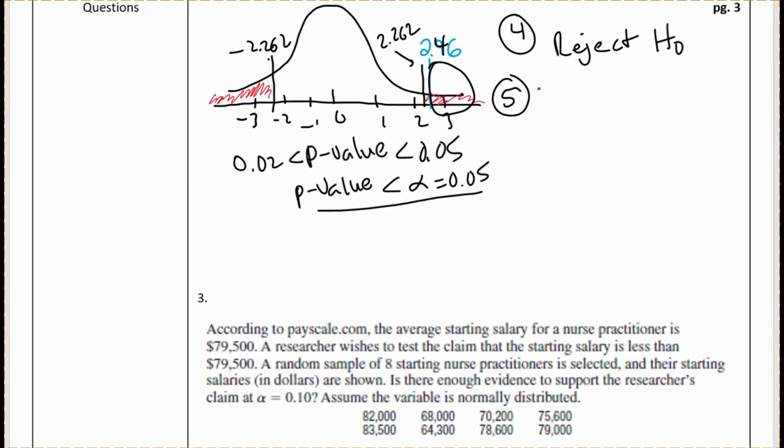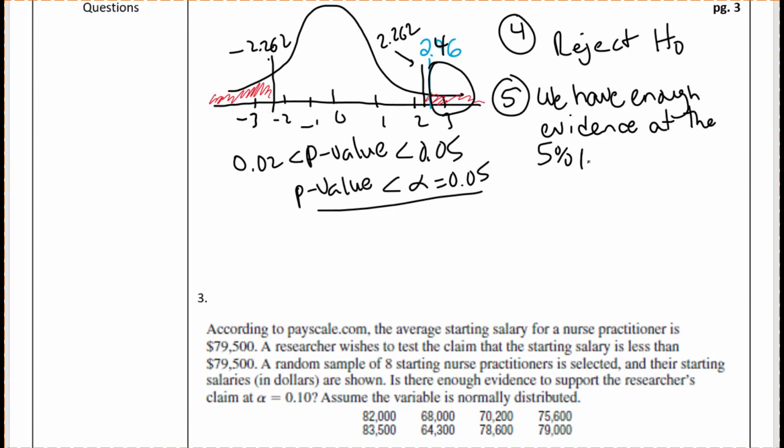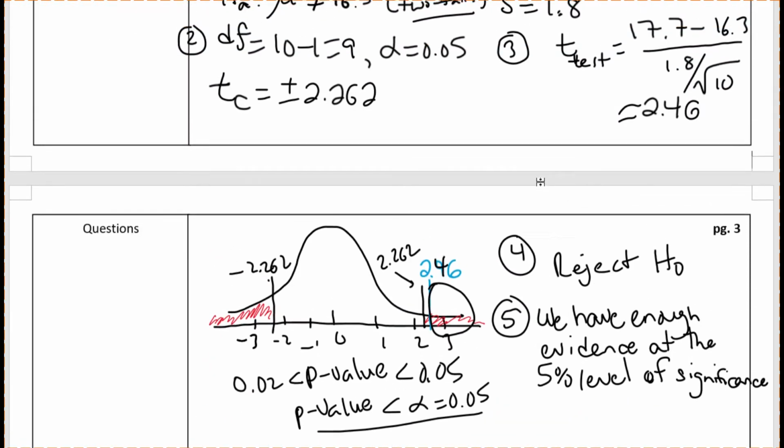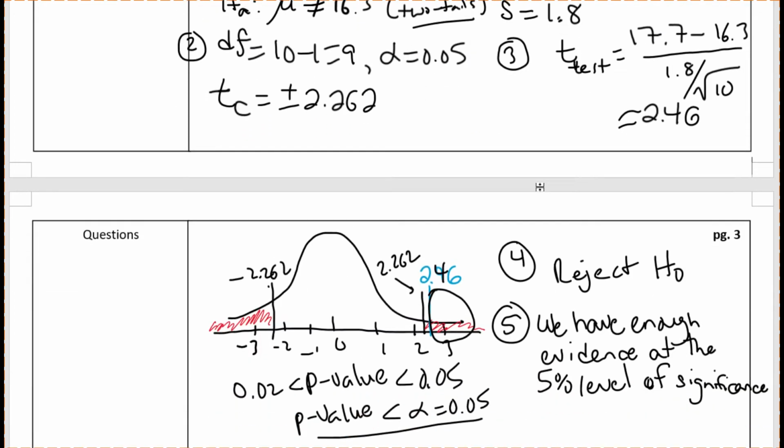So since we're rejecting, that means we have enough evidence at the 5% level of significance, and then since our claim belongs to our null, we're going to say reject.